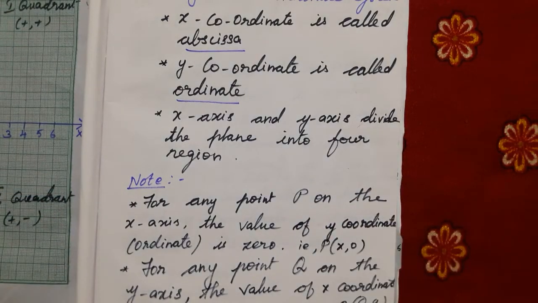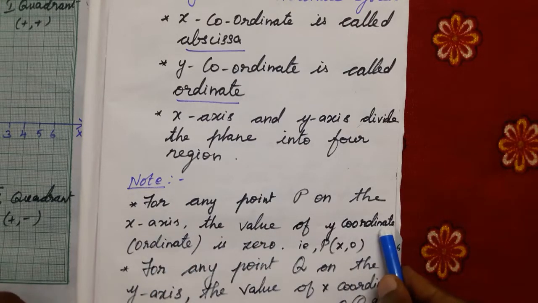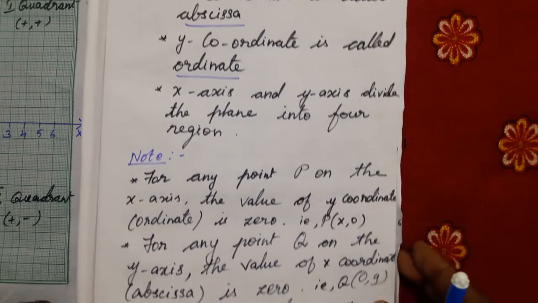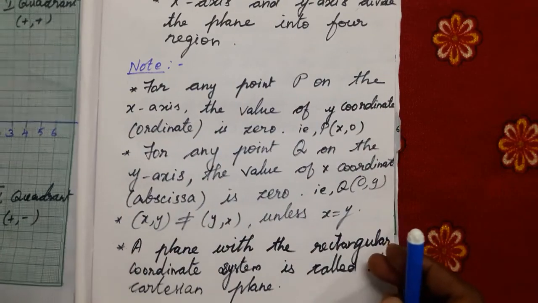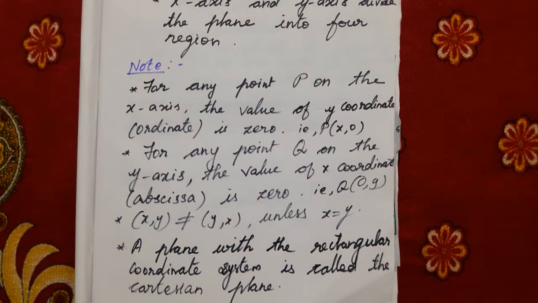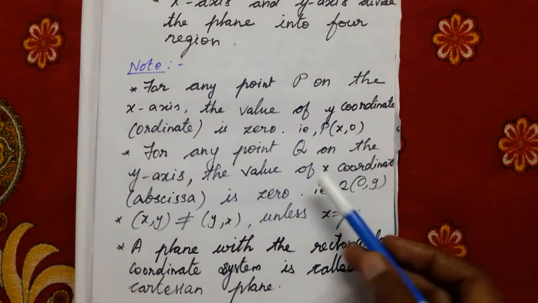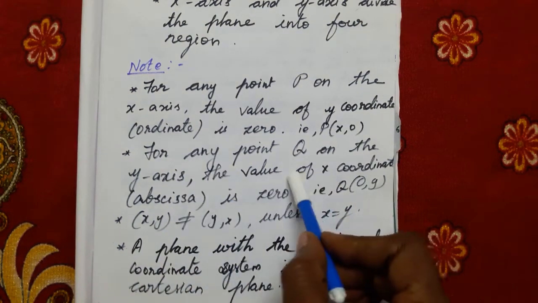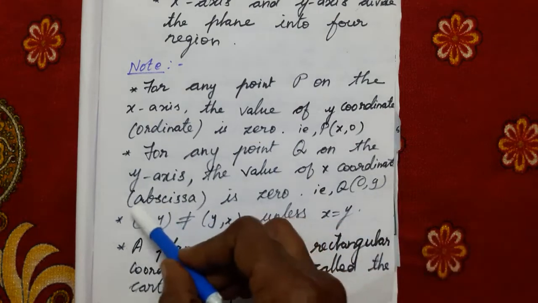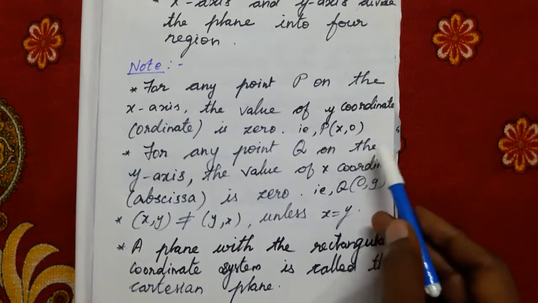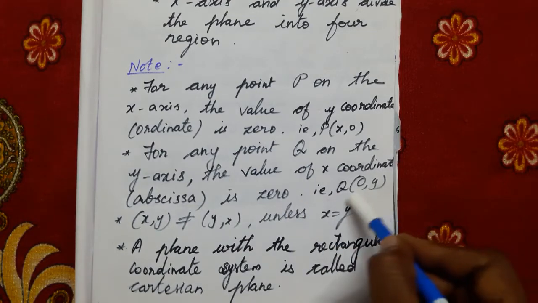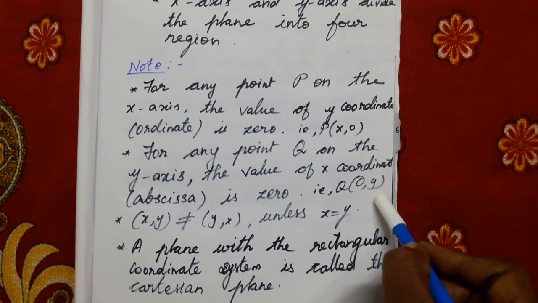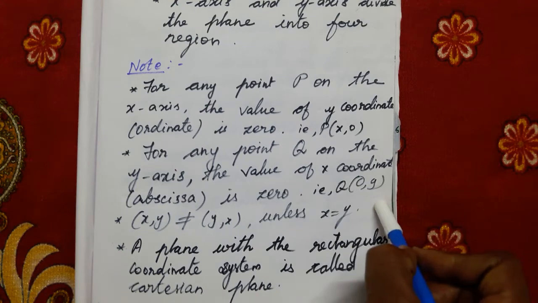Any point that lies on the x-axis, the value of the y coordinate is 0. Next, for any point Q on the y-axis, the value of the x coordinate, that is abscissa, is 0. That is Q of 0 comma y.